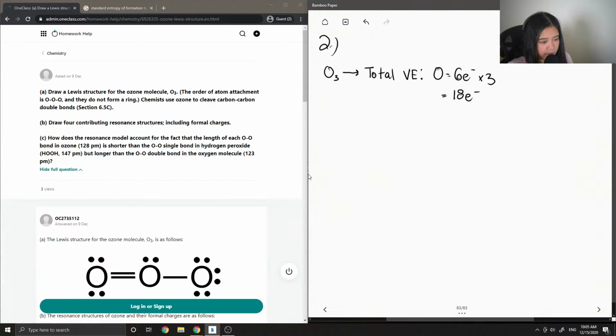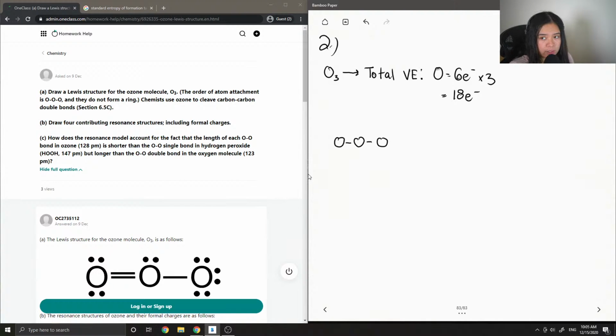Okay, so now I'm just going to draw my 3 oxygens in a line like that. Let's recall that each bond contains 2 electrons. So far I've only written 4 electrons out of the 18.